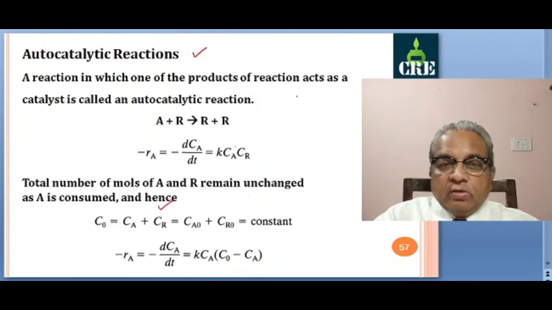So finally you will write the kinetics, or rate law, as minus Ra equal to k, whose numerical value will be obtained from the plot, into CACR. This we already know, we have considered first order with respect to A and first order with respect to R. So if, let us say, k is equal to 2, then the rate law becomes minus RA equal to 2 CACR.